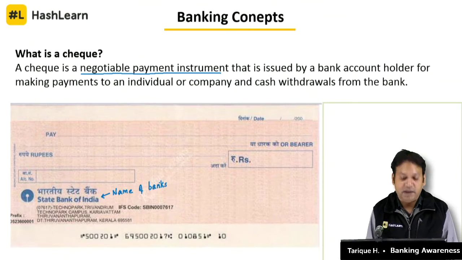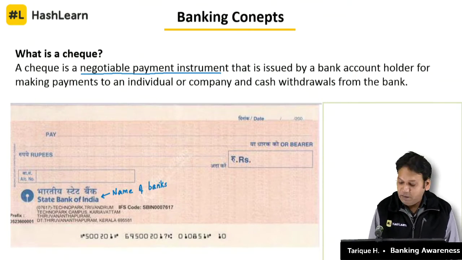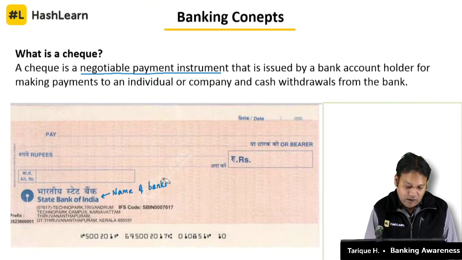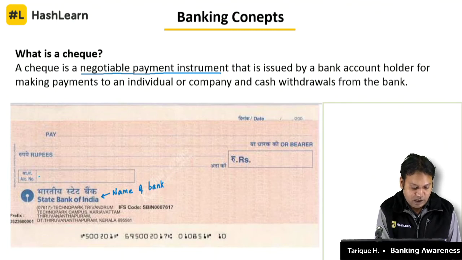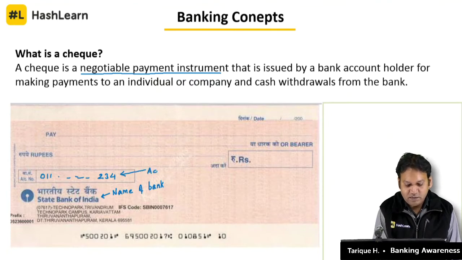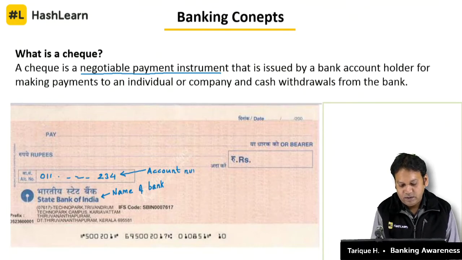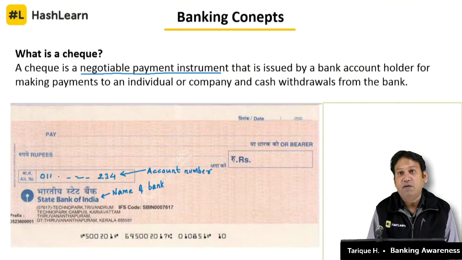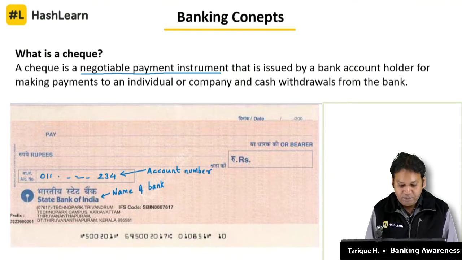The second very important thing is the account number, something like 011 ending in 234. This is the place for the account number of the account holder, the one from whose account the payment is supposed to be made.